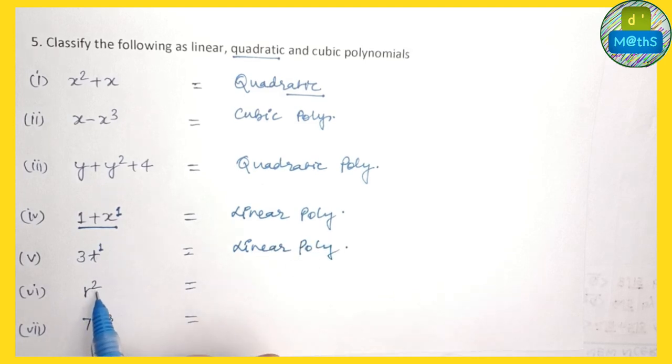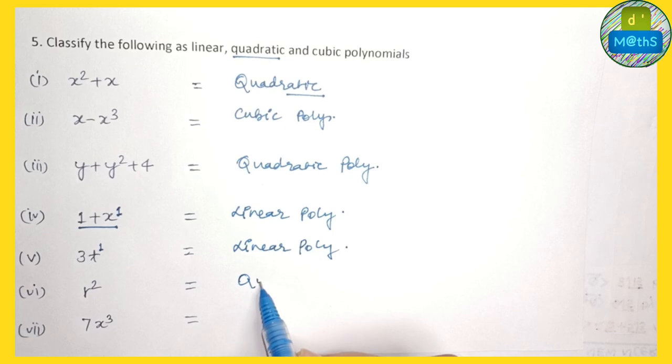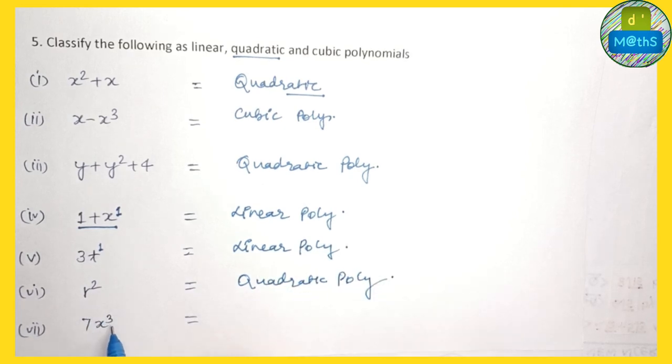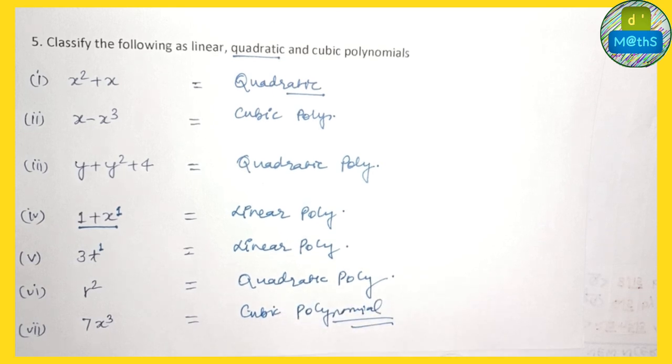Now here the maximum power of r is 2, so you can write it as a quadratic polynomial. We are classifying these on the basis of the power of the given polynomial. Now in the seventh question, the maximum power is 3, so you will write cubic polynomial. I hope these questions were helpful to you and you understood the basic concept as well.